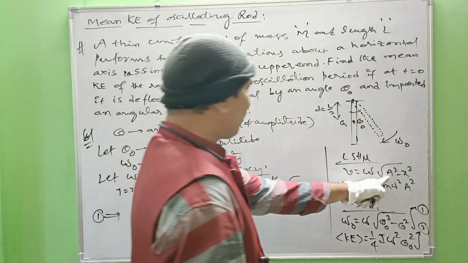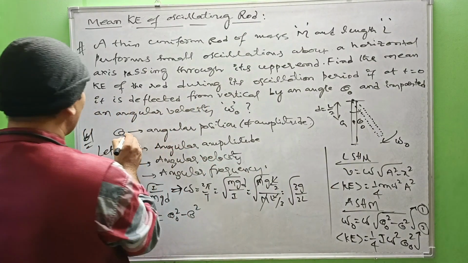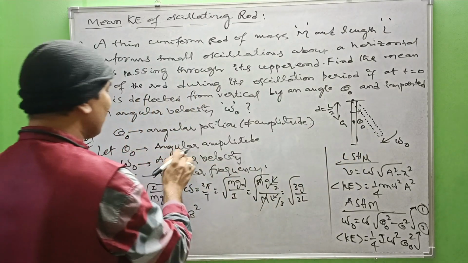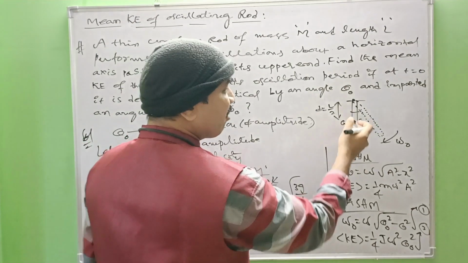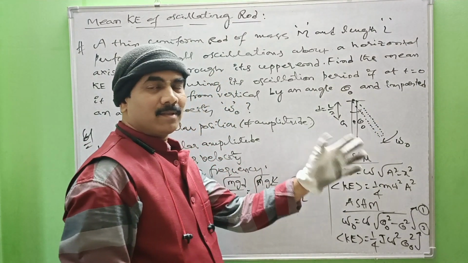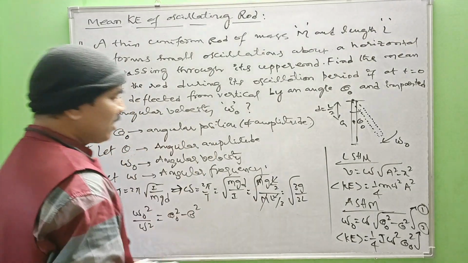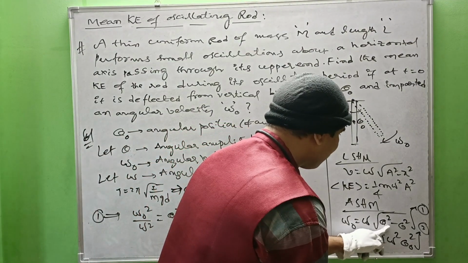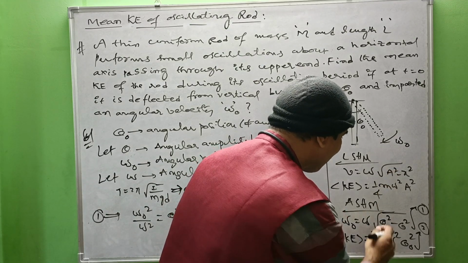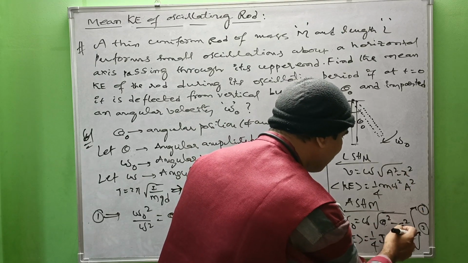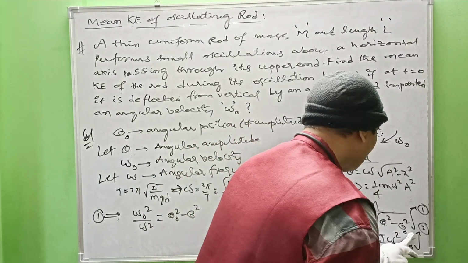Sorry, what is angular amplitude here? Angular position means theta naught, sorry, but angular amplitude is theta only. In the given sum, the symbol theta naught is for angular position, not for angular amplitude. So theta naught is angular position, theta is the angular amplitude. Linear amplitude is replaced by angular amplitude, and linear position is replaced by angular position.